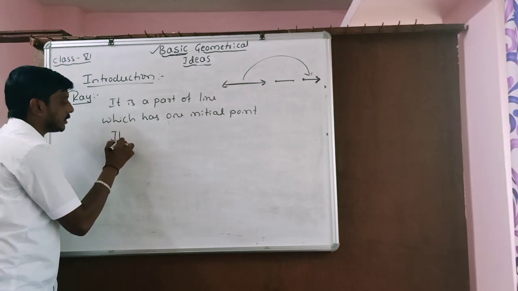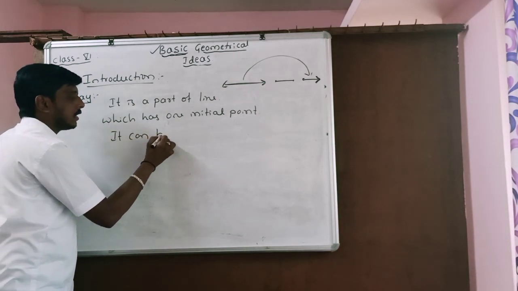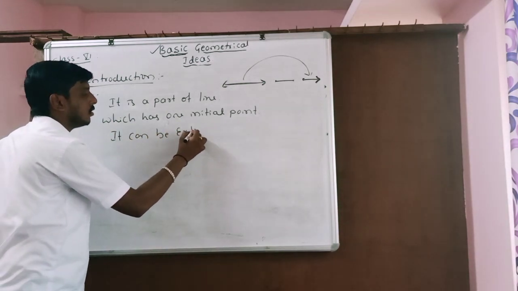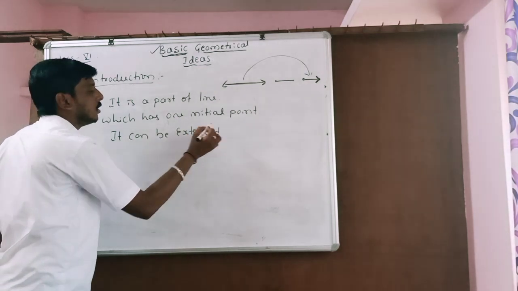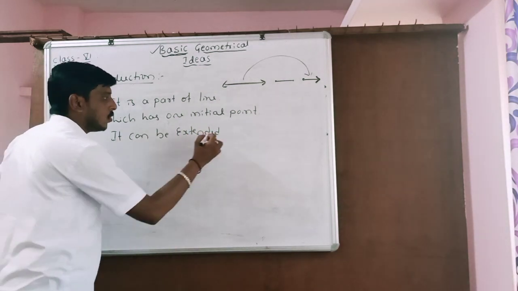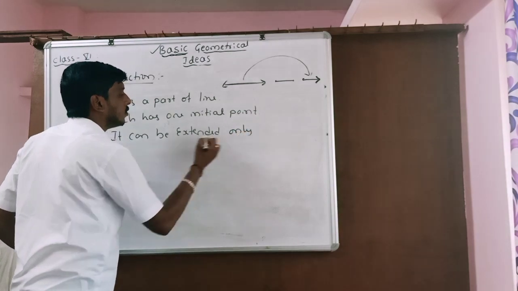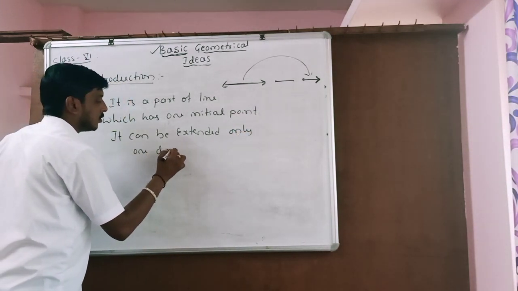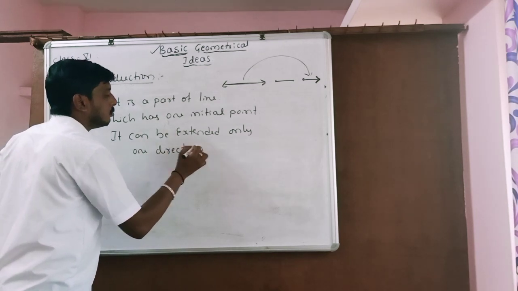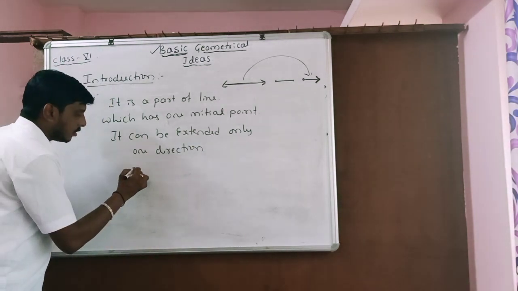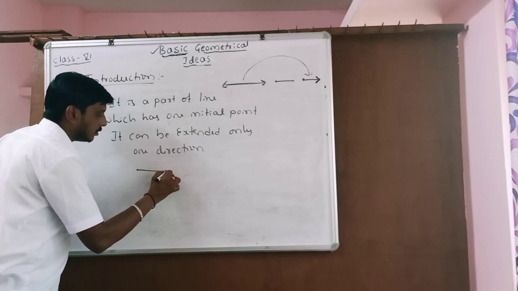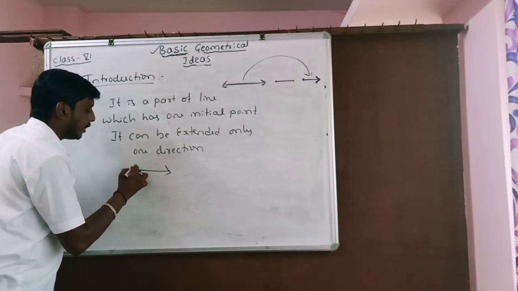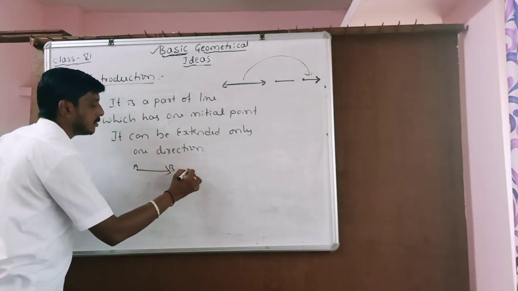It can be extended in only one direction. So how do we show it mathematically? For example, this is a ray. AB is a ray. How to show it mathematically?